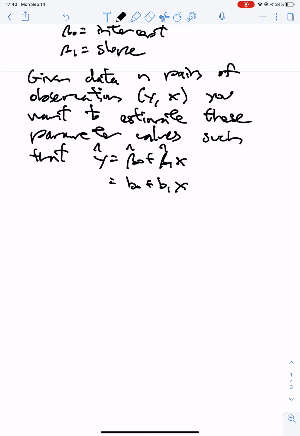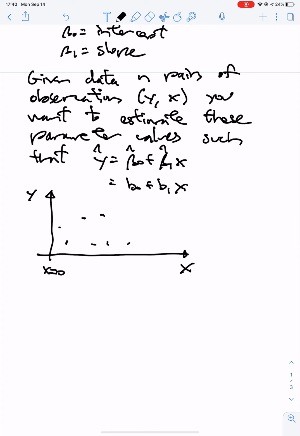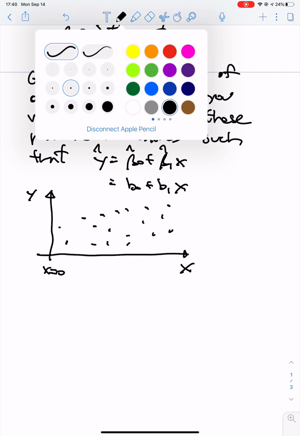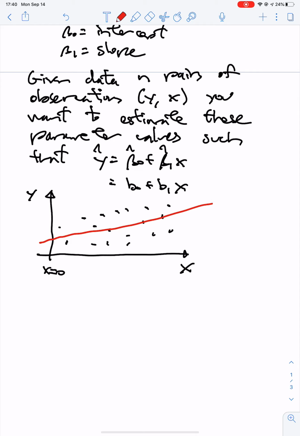So for example, and again, I know you all already know how to do this, but let's say you have a numerical value x, and you have x equals 0, and you have y. Well, given a series of points, you want to find the slope parameter and intercept parameter of that red line.